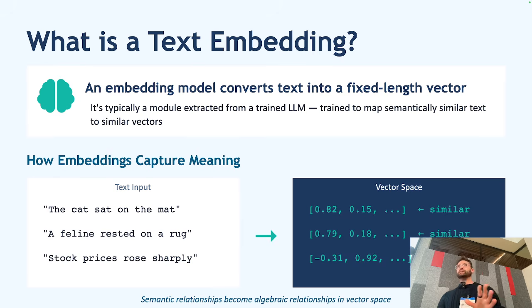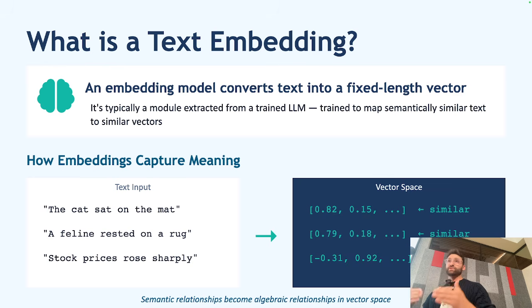An embedding is a machine learning model that has been trained to take text input strings and map each of them to a very high dimensional vector, often 16,000 dimensions, so 16,000 floats.